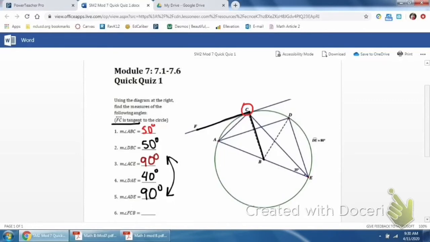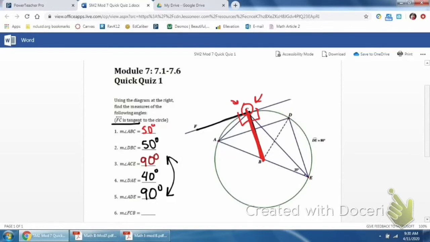It says that if there is a line that touches a circle at exactly one point, like this, and you connect that one point to the middle of the circle, like that, then it has to cross at 90-degree angles. That's what the theorem says.